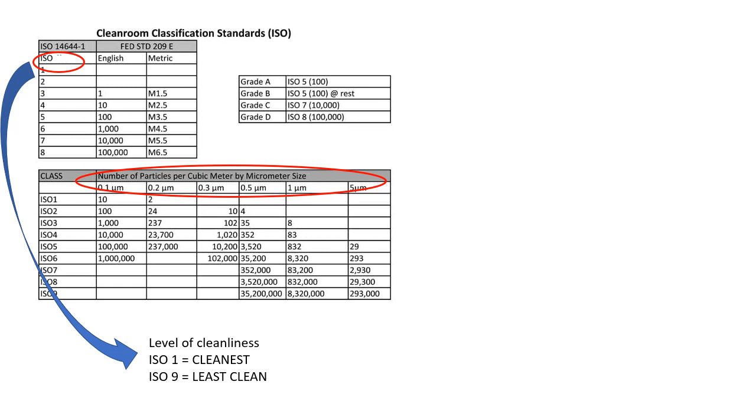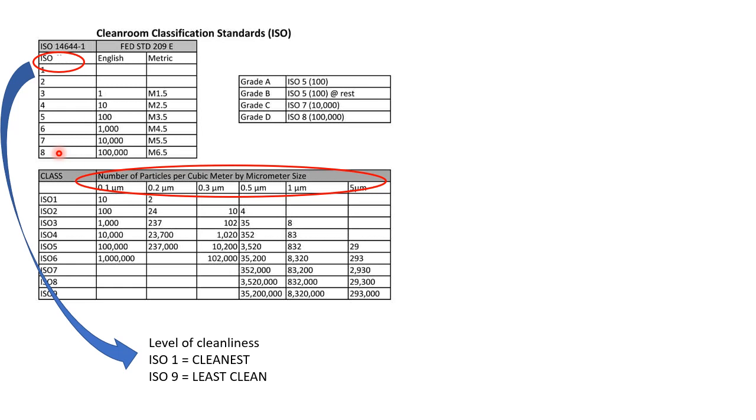ISO 1 is the cleanest and ISO 9 is the least clean. You can see ISO 1, 2, 3, 4, 5, 6, 7, 8 and also 9 is there. Now 9 is actually the least clean.